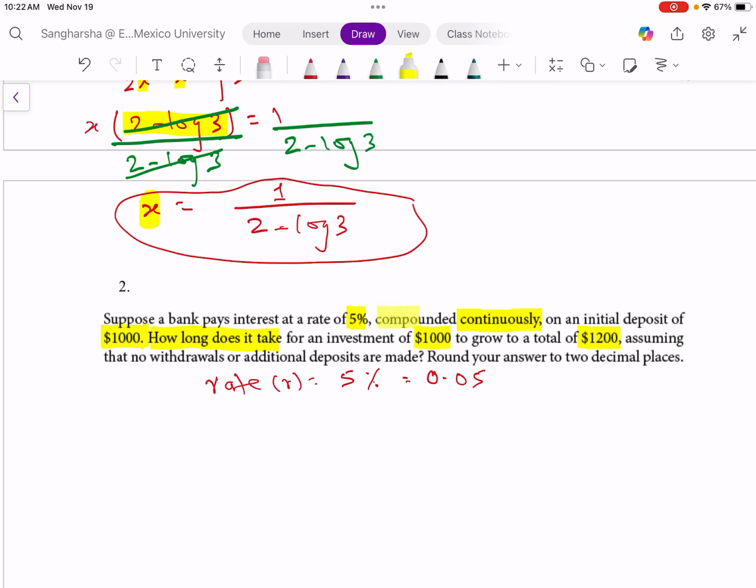Now, it is compounded continuously. If we go back to our section 4.2, there is the compounded continuously formula. Is it in 4.2 or 4.3? It is on page number 4.